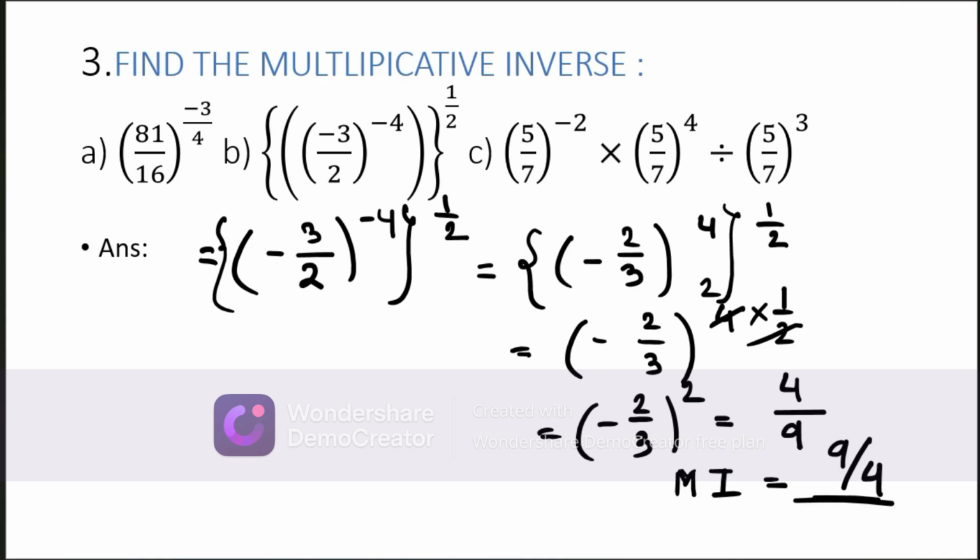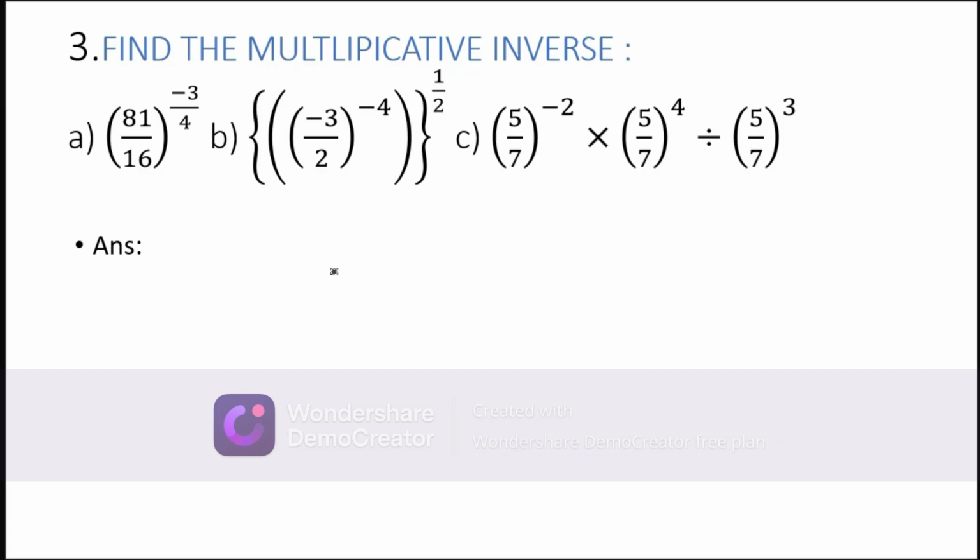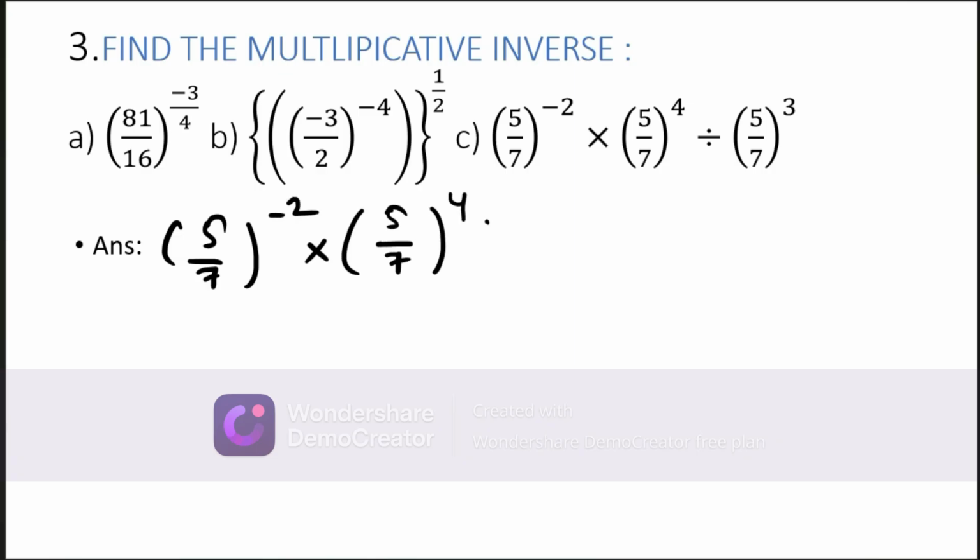Now the next problem, number C. (5/7)^-2 into (5/7)^4 divided by (5/7)^3. In the first two terms, (5/7)^-2 into (5/7)^4, the bases are same, and it is a multiplication problem.